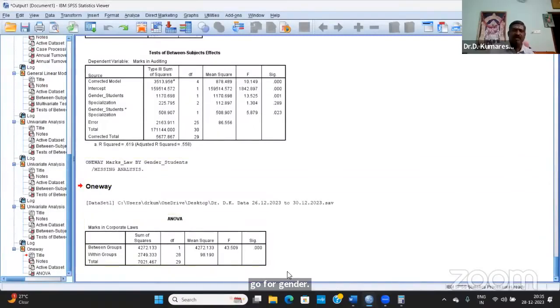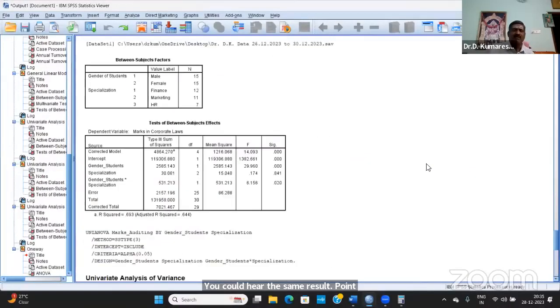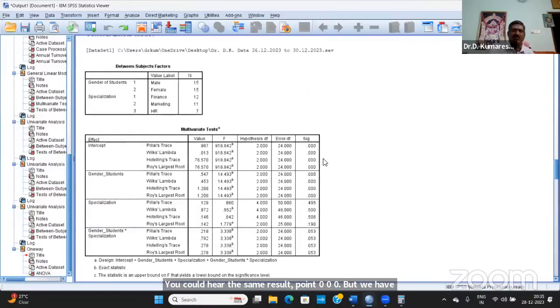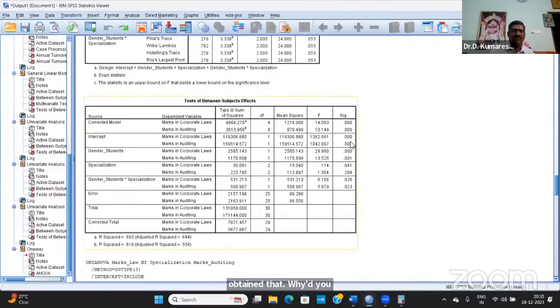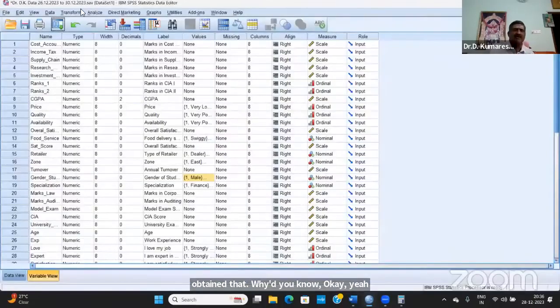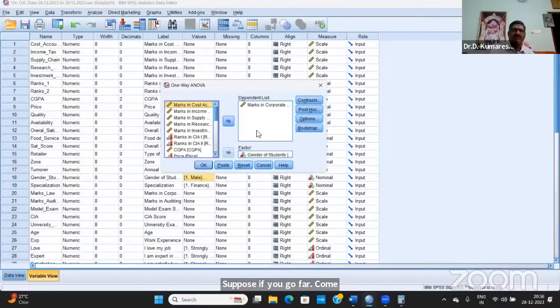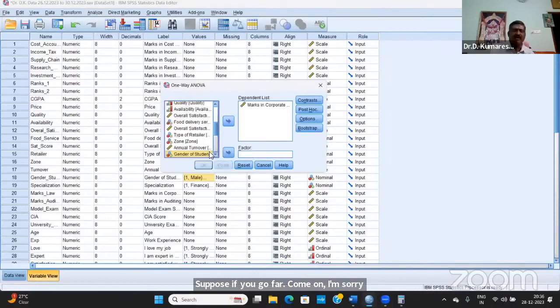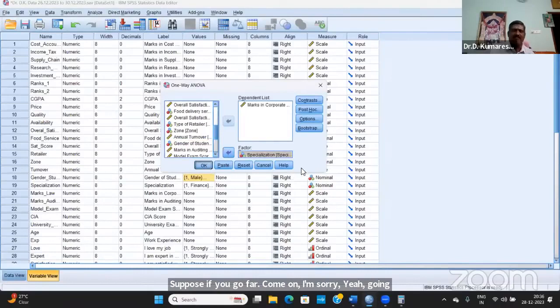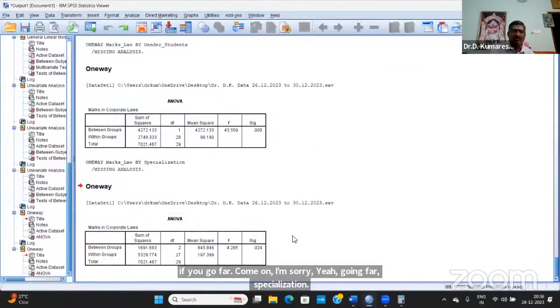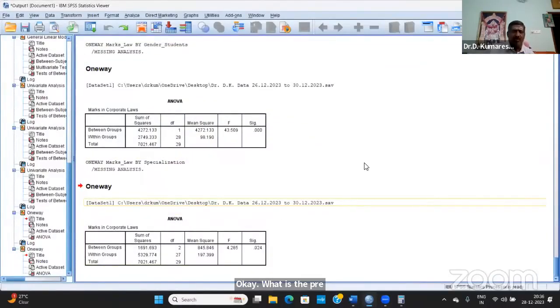The same result, 0.000. Suppose if we go for compare means, one-way ANOVA, instead of gender, we go for specialization. What is the p-value? 0.024.